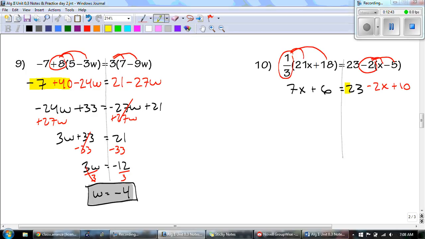Now on the right side, yes, we have to combine our like terms. So we get 7x plus 6 equals negative 2x plus 33. And now, yeah, it's the same thing, guys. We want to get the variables to one side, so we add 2x.